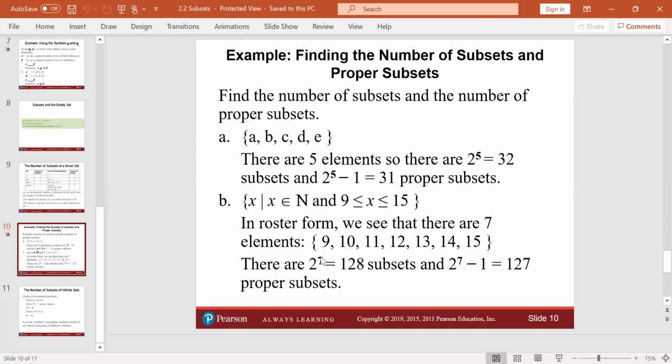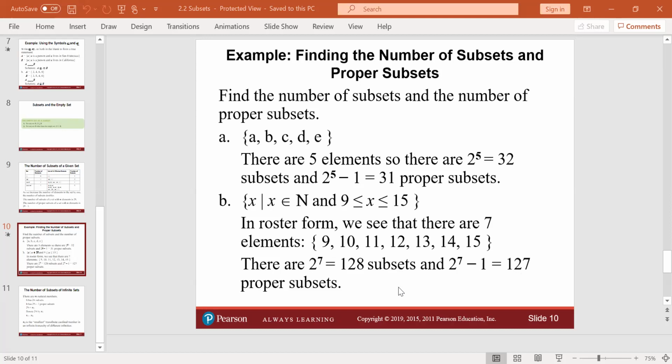So there's 7 elements in this set. Thus, there are 2 to the 7th, or 128 possible subsets of this thing. And then just knock one of them off, and now you have 127 proper subsets.